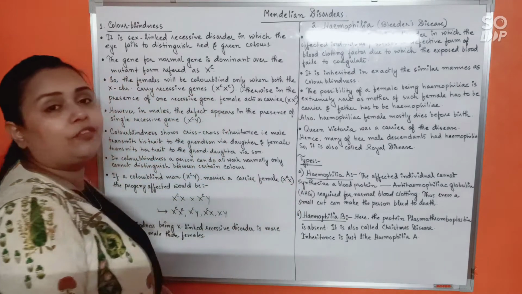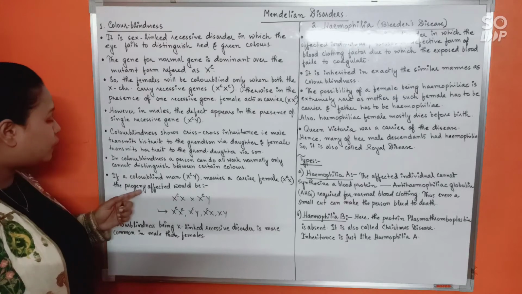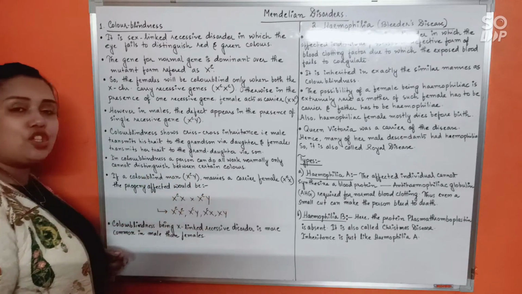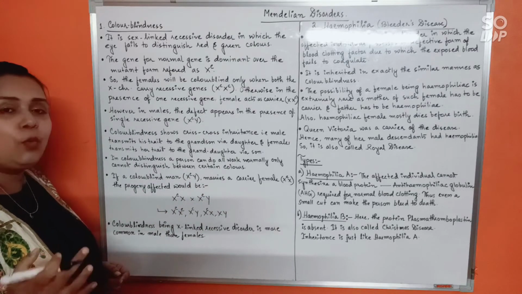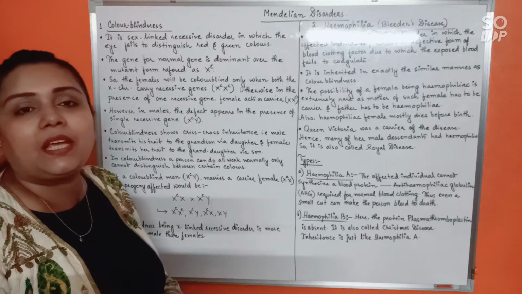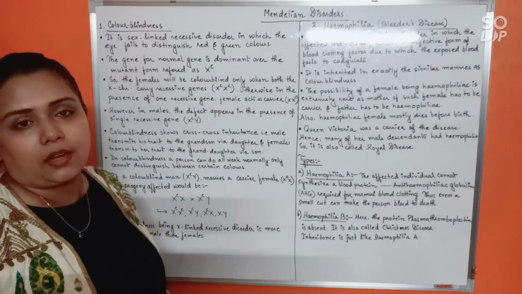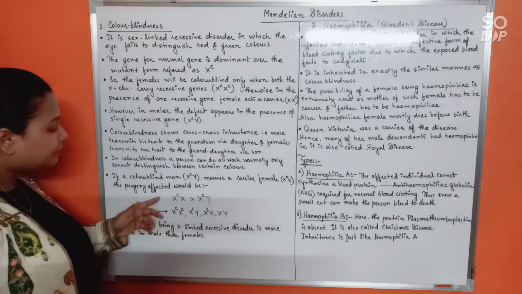Only one of the alleles will be mutated, the other would be normal, isn't it? So if such a marriage takes place, how much of the progeny will be affected? What percentage of their progeny will be colorblind? This kind of questions are very common and they are frequently asked. Okay, so try to understand this very properly.